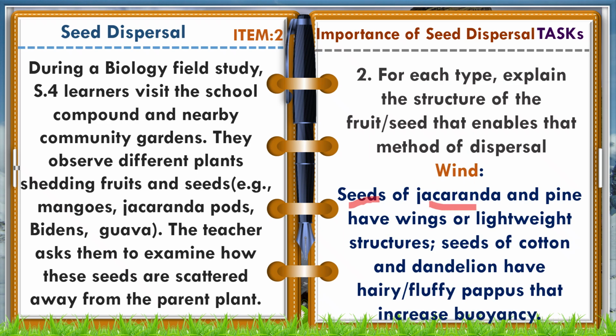Seeds of jacaranda and pine have wings or lightweight structures. Seeds of cotton and dandelions have hairy, fluffy pappus that increase buoyancy.